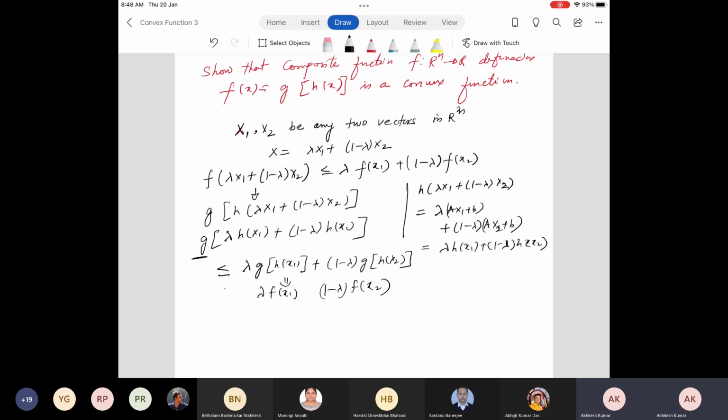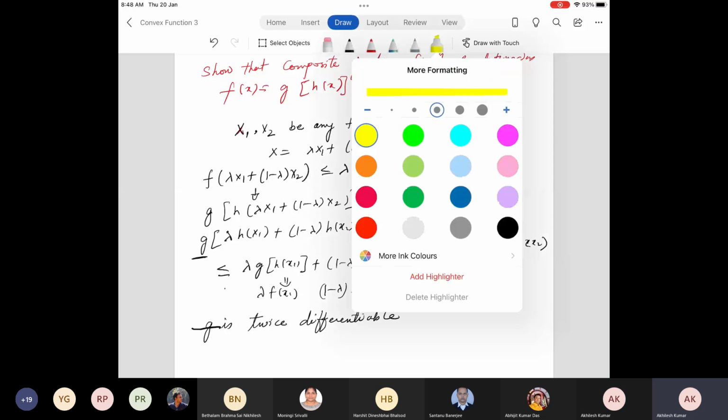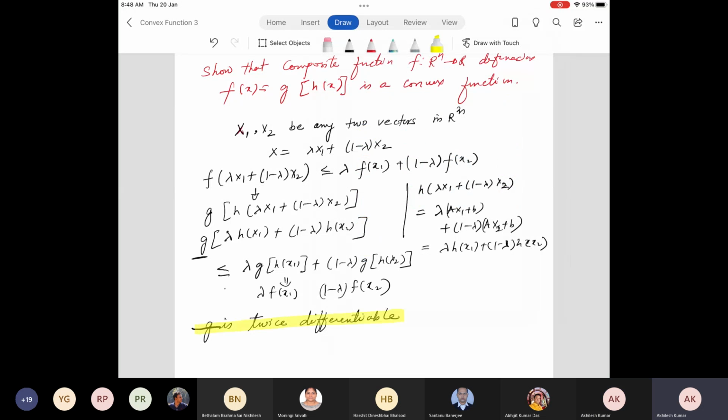Now I tell you g is twice differentiable. On top of what I have given you, I'm also adding this line.